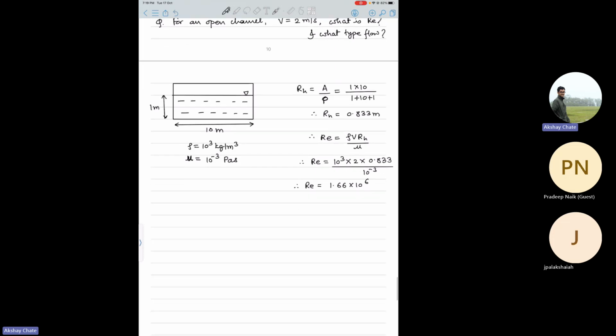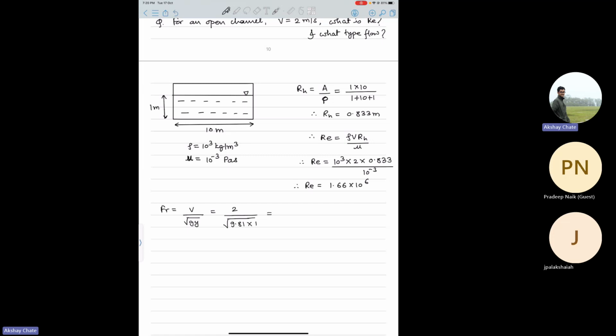So this is your Reynolds number, and then you can calculate the Froude number, which is average uniform flow velocity divided by the surface wave speed. And here the velocity is 2. Let's take g as 9.81, and the flow depth is 1 meter.